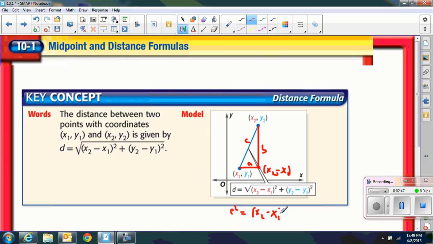That is now a squared, plus b squared. Well, b is the distance between the y values, the change in the y, so that value becomes y2 minus y1 squared. And here's the Pythagorean theorem, a squared plus b squared is c squared. Now, c squared is not important to me, but what is important is c, the distance between those two values. So the way we find c is to simply take the square root of the entire thing, hence the distance formula.